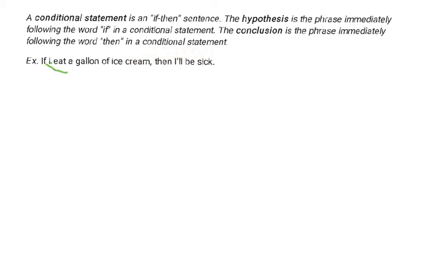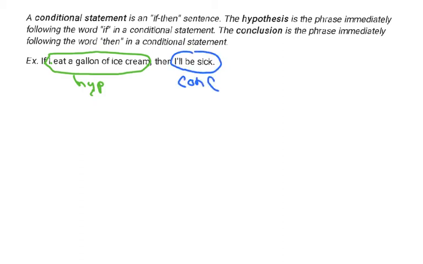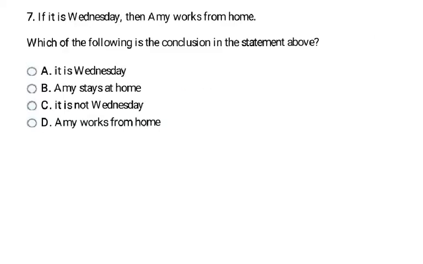So if I look at this example, everything after the word if but before then is the hypothesis. So I eat a gallon of ice cream is my hypothesis. And then everything after the word then is my conclusion. I'll be sick is my conclusion.